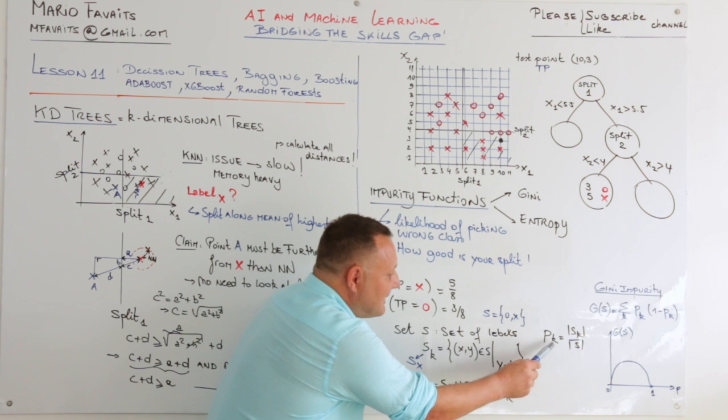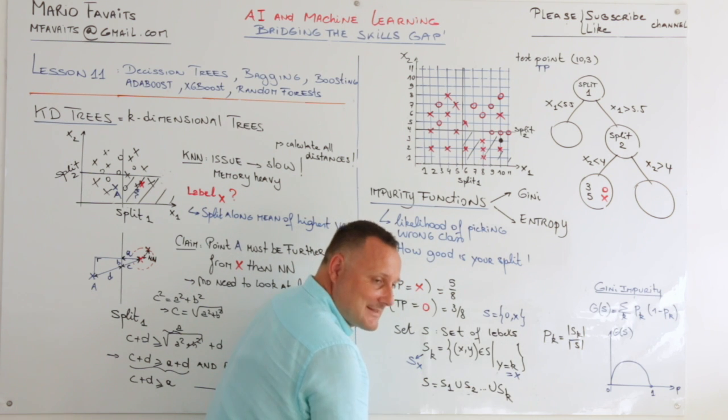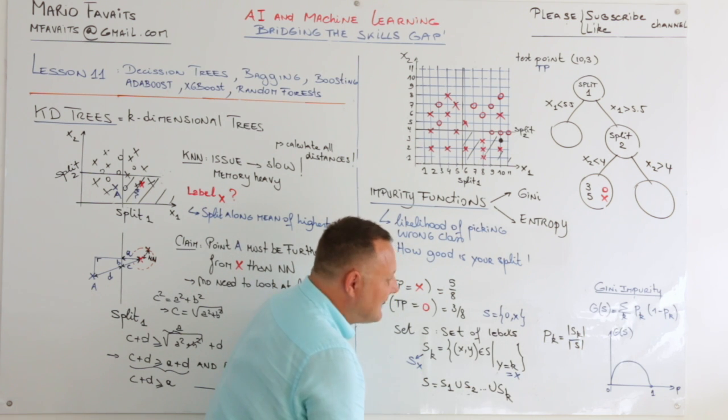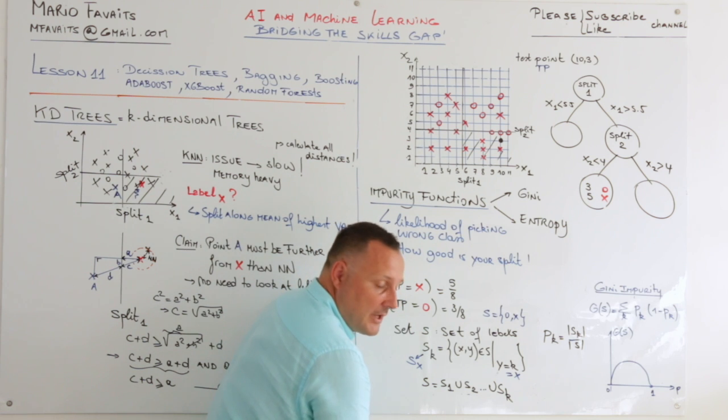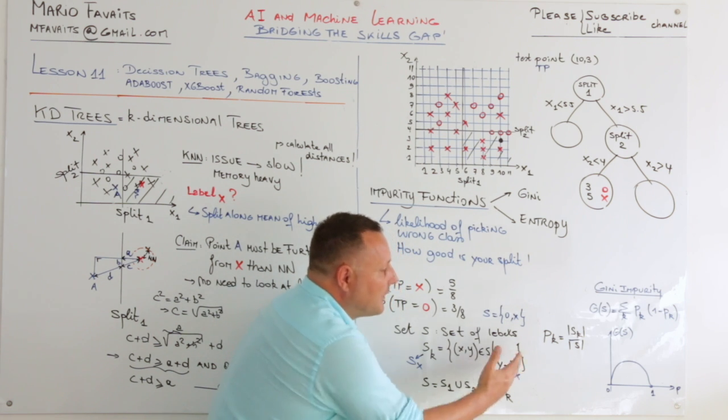Now the probability of the class k, your probability of picking the class k, is going to depend on how many of your points are classified as k versus the total amount of points in your data set. That's quite obvious.